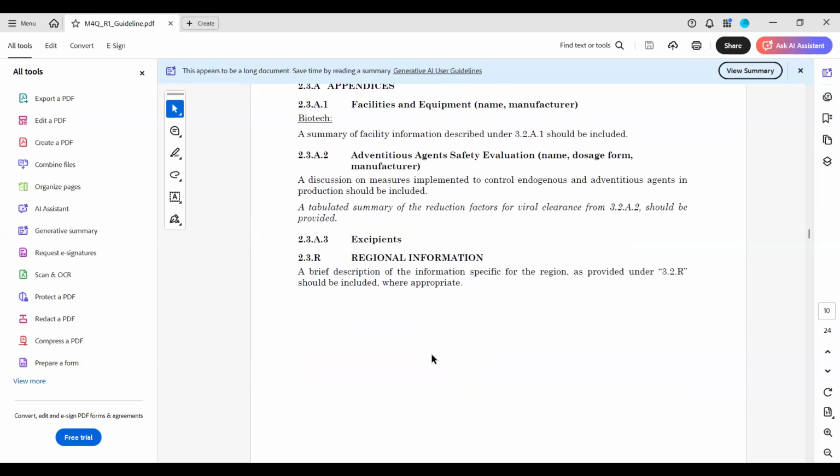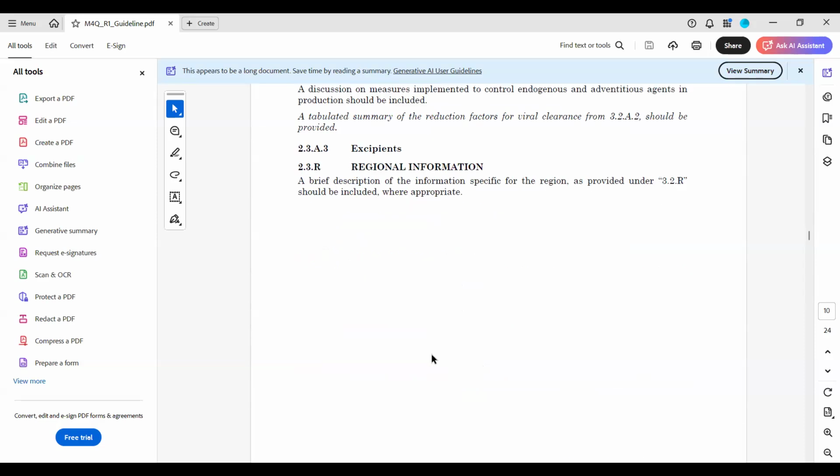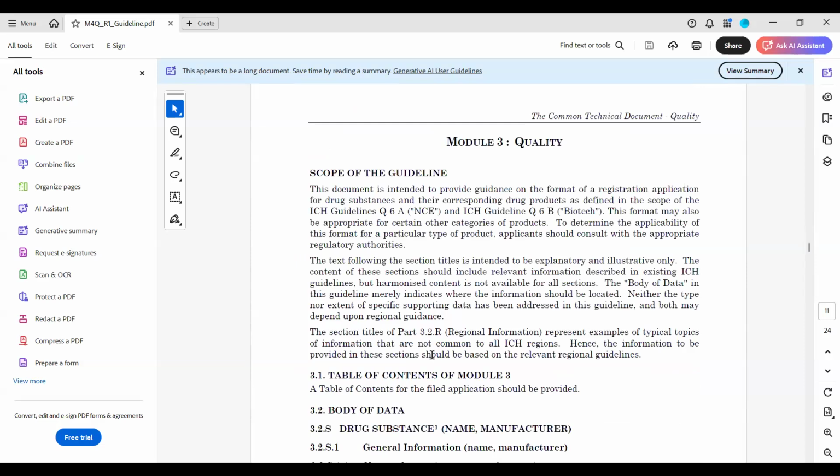And last is your regional information, which talks about a brief description of information specific for the region as provided in 3.2.R should be included. Okay, when we submit data in 3.2.R, we are submitting very regional specific data. So a summary of that 3.2.R can be presented in 2.3.R. Then comes your module 3 quality.